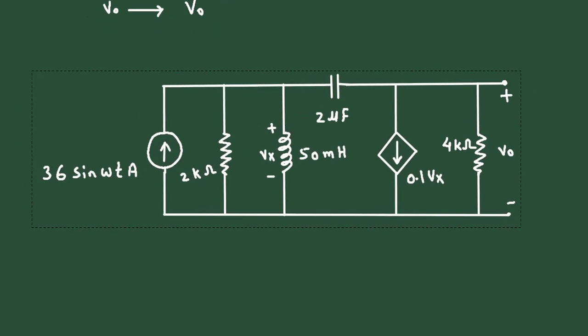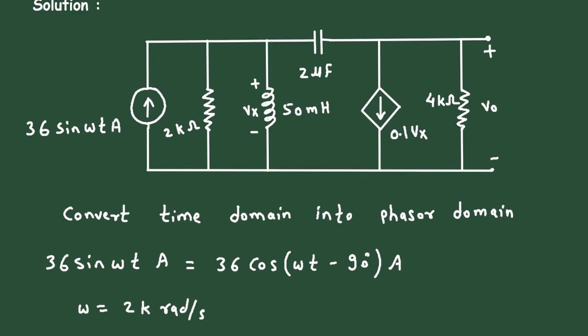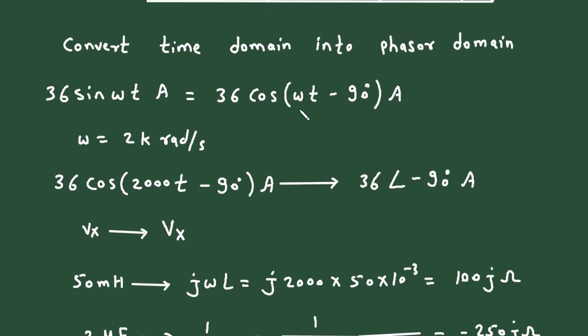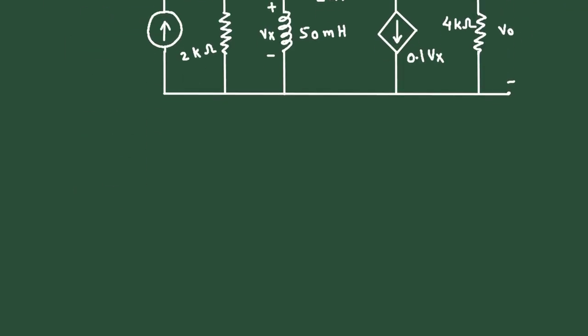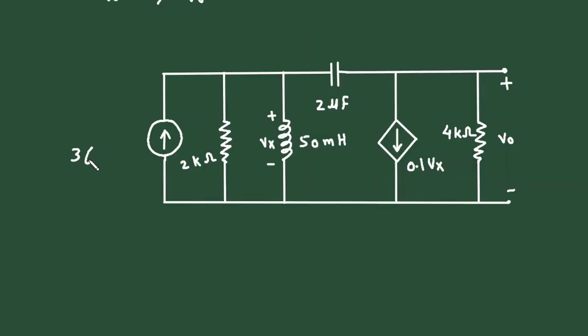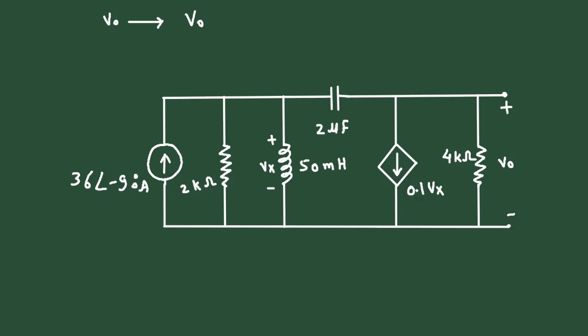Now here we can replace all these values. So this 36 sin omega t will change to 36 cos omega t minus 90 degree in time domain. In phasor domain, this will be 36 at an angle minus 90 degree ampere.